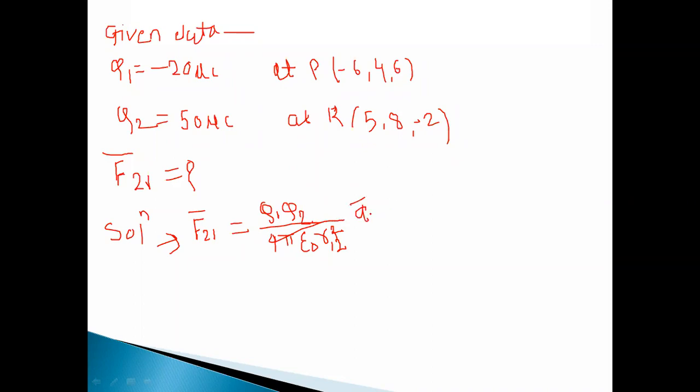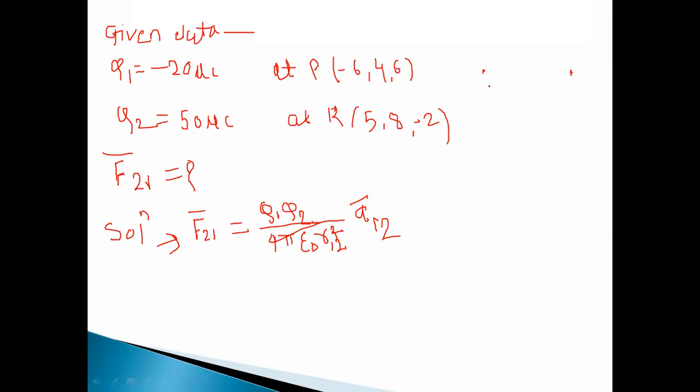Here Q1 is given, Q2 is also given, 4 pi is constant, epsilon 0 we know is also constant. Then R12 we have to find.